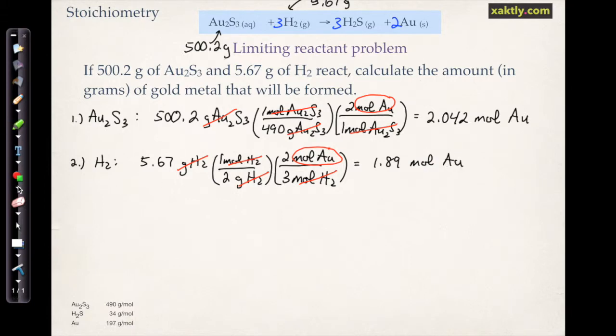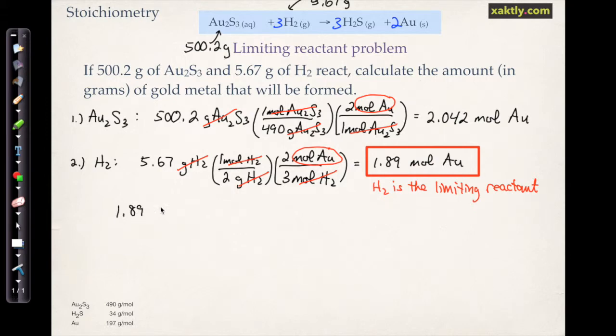And so it's easy to see here that hydrogen is the limiting reactant. It will produce the least amount of gold metal. What that means is that in this reaction, all of the hydrogen is going to be used up, and there'll be a little bit of gold(III) sulfide left at the end.